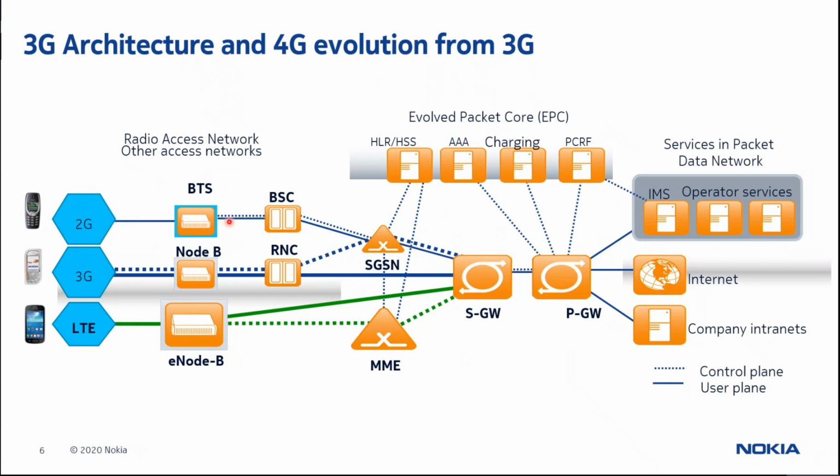It'll go from the coverage area to the BTS to the BSC, and then there are certain network elements that I'm going to discuss now. Finally, it'll either go to the internet, go to the company intranets, or go to certain other IMS services. These are also responsible for voice-based service.